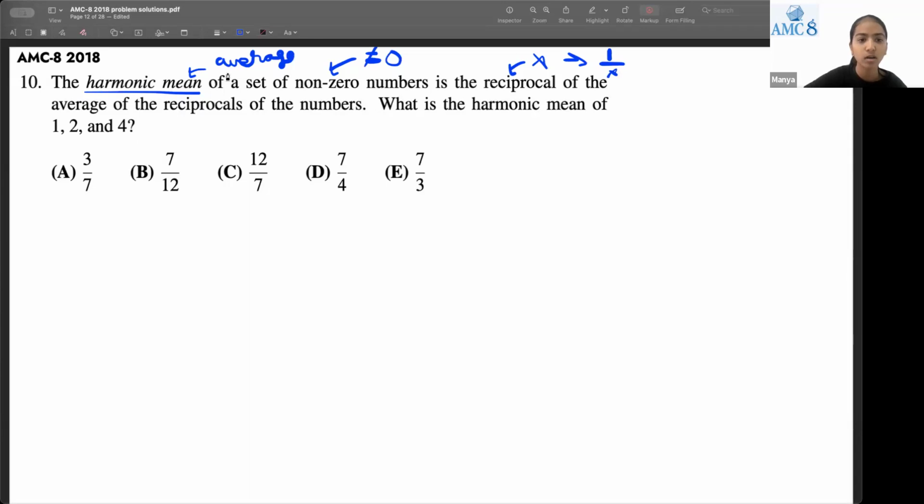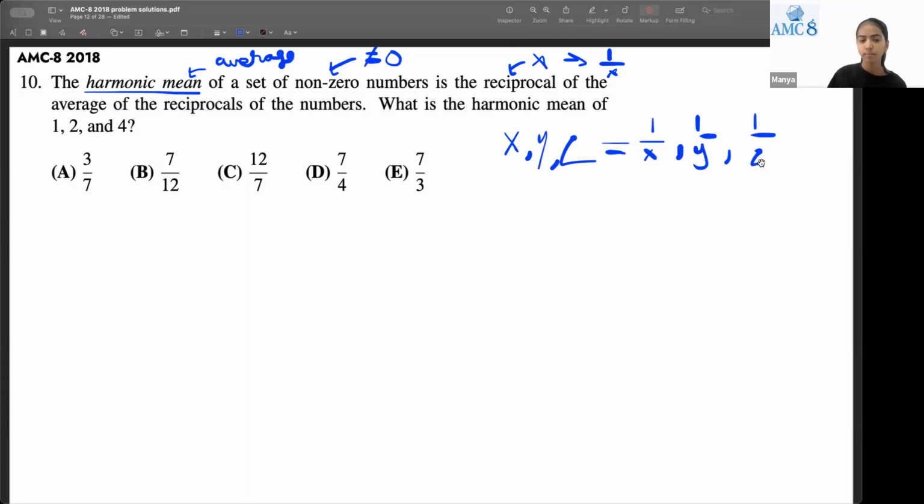So the harmonic mean of a set of non-zero numbers is the reciprocal of the average of the reciprocals of the numbers, where the harmonic mean is of 1, 2, and 4. Suppose the numbers are x, y, z. Then the reciprocals would be 1 over x, 1 over y, and 1 over z.